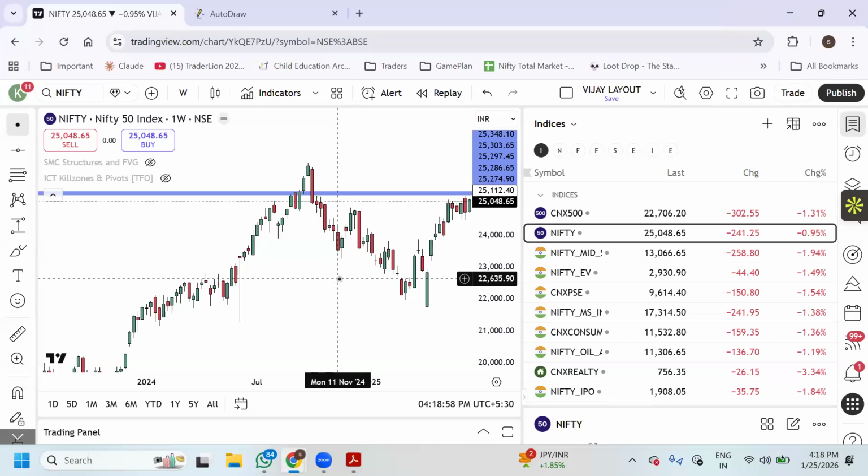The point I'm trying to make here is, it's all human behavior behind these screens. The red and green are nothing but human behavior depicted on the screen in the form of a green candle and a red candle. Point number 1.